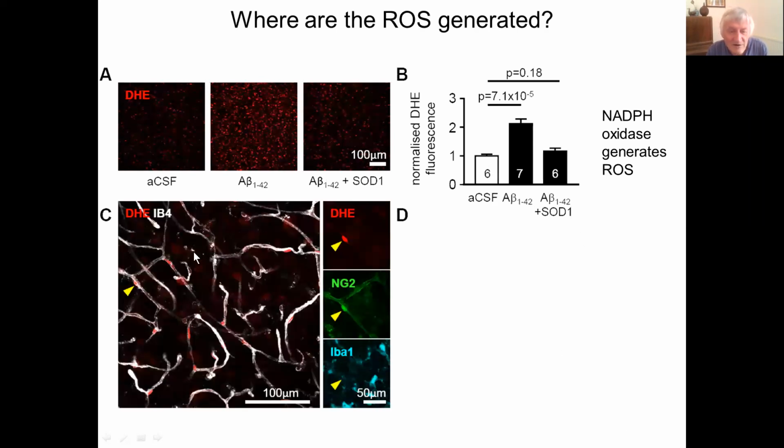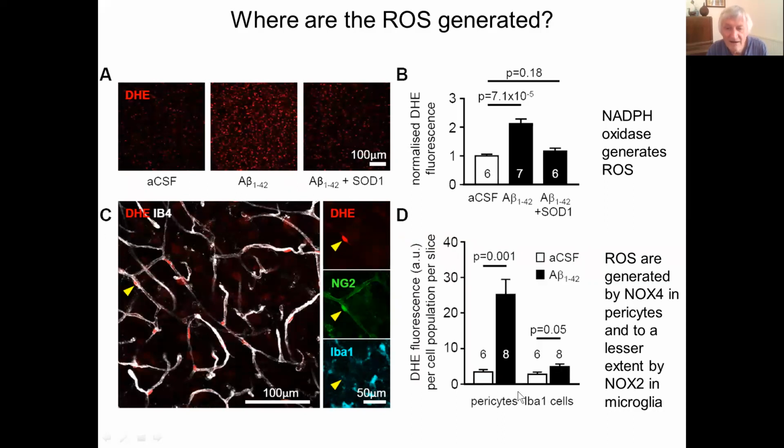And then if we image these in greater magnification, you can see that the cells generating the reactive oxygen species co-localize with a pericyte marker, not very well with microglia. In fact, we've discovered that both microglia and pericytes generate reactive oxygen species, but in the short term, it turns out that it's mostly pericytes. It may be microglia more in the long term.